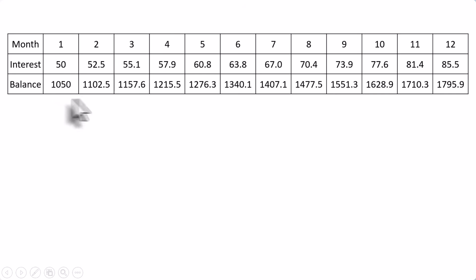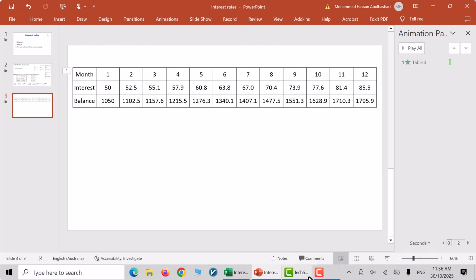And this is the case where I have a 60% annual interest rate, but with a monthly compounding period. So how can we quickly generate this table and get to this final value in Excel? Let's go ahead and bring up Excel.